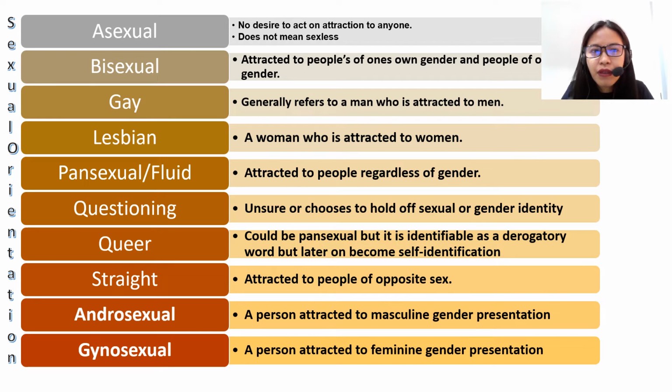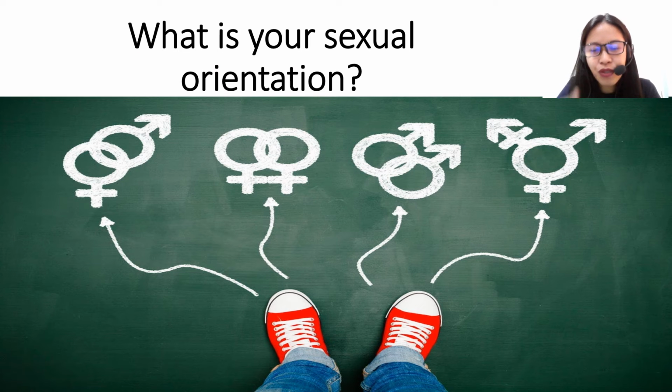Okay? So, these are the familiar and popular sexual orientations. You may have different sexual orientations which is not being discussed right now, but I just covered this one because these are the popular and familiar ones. So, the question right now is, upon learning your sexual orientation, whom are you attracted with? Or what is your sexual orientation?